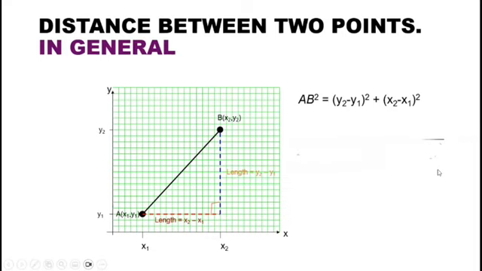So if we want to make AB the subject, then we can take the square root of both sides, and AB is equal to the square root of (x2 minus x1) squared plus (y2 minus y1) squared. So this becomes the general rule used in finding the distance between 2 points.